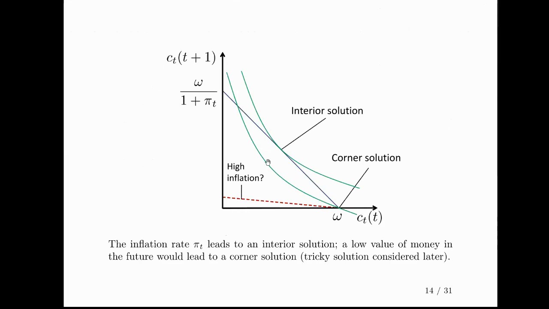Imagine that my inflation goes up. So this was perfectly answered by the first person. What happens to the consumption today, which is consumption here? Well, maybe my green curve looks like something like this. Or maybe it looks something like this.